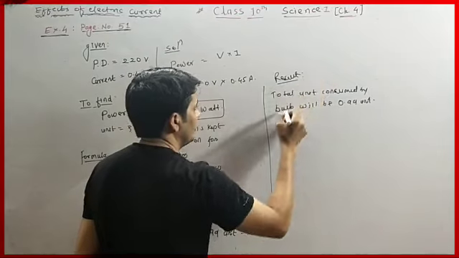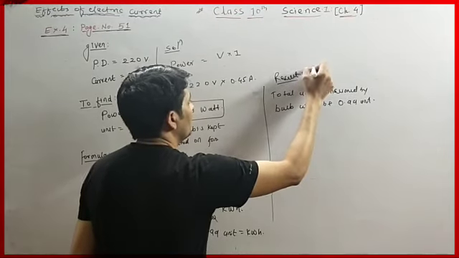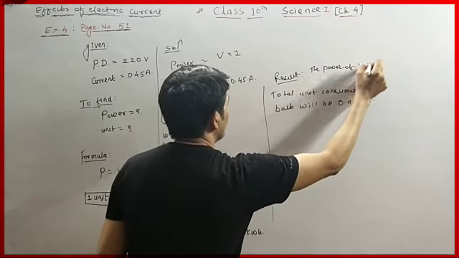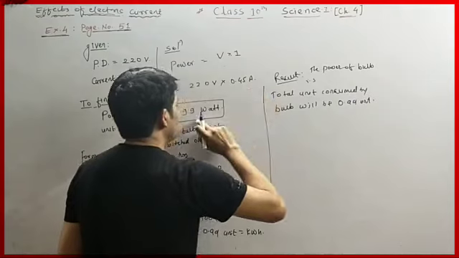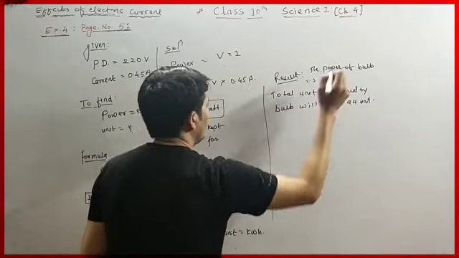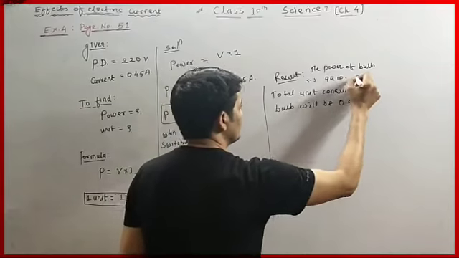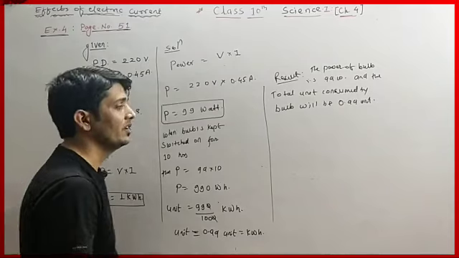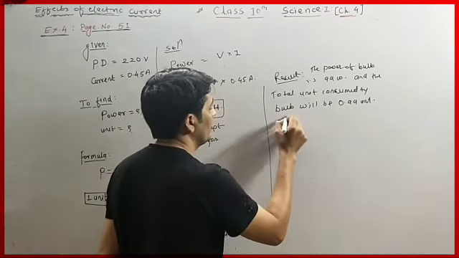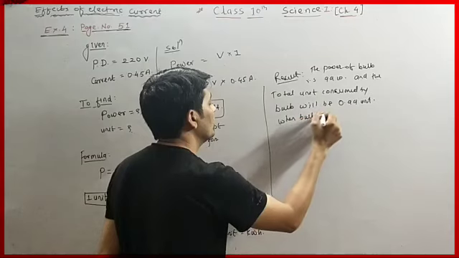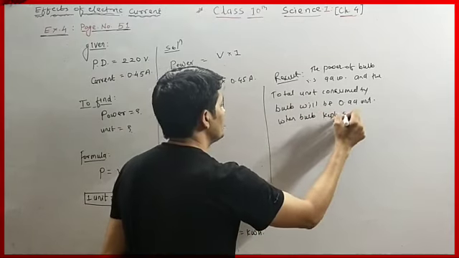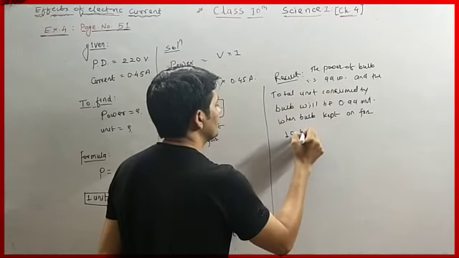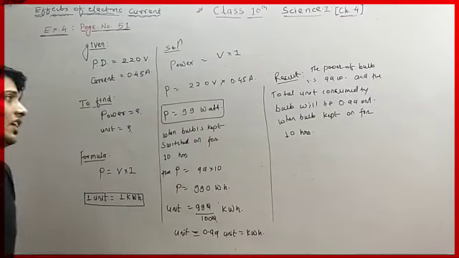So we have to write here again, the power of the bulb is 99 watt, and the total unit consumed by the bulb will be 0.99 unit when the bulb is kept switched on for 10 hours. Okay, so this is the answer.